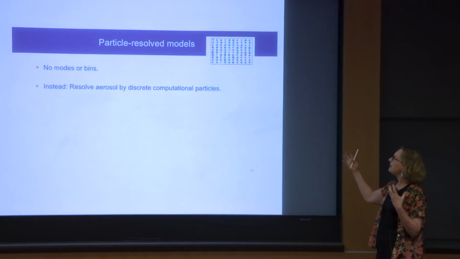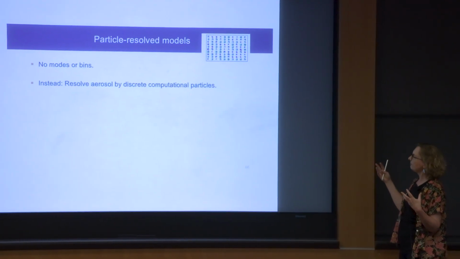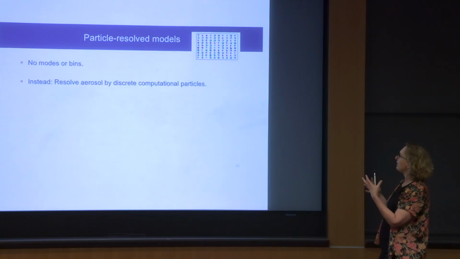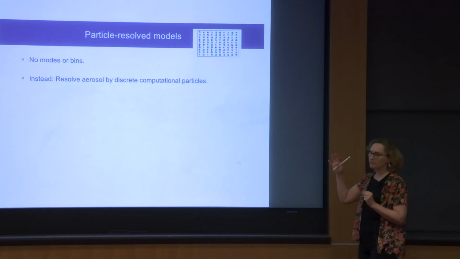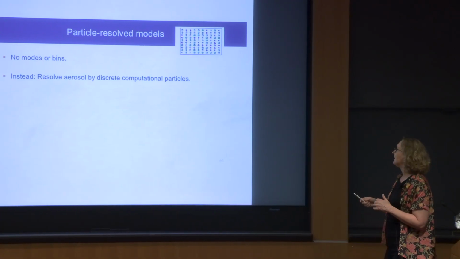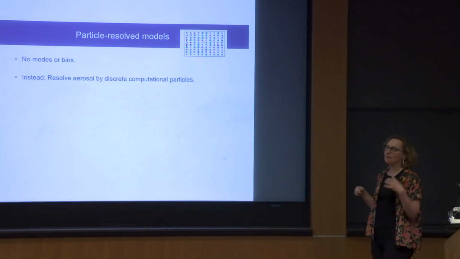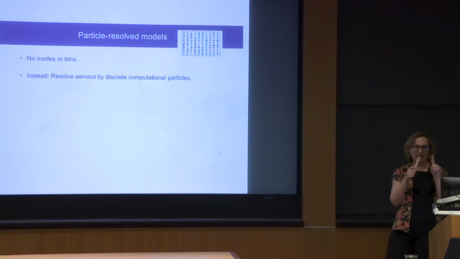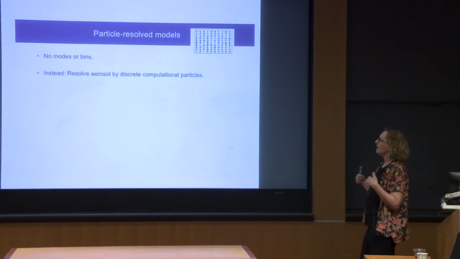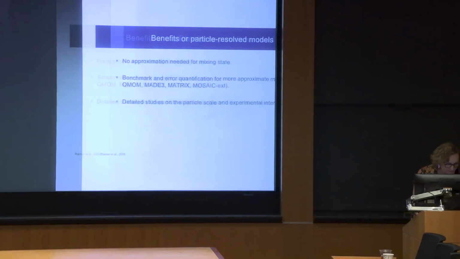So we treat our coagulation coefficient as a probability of coagulating. And then we basically test pairs of particles and see, do they coagulate or not? And if we have a lot of particles in our system, computational particles, we have to have methods so that we don't have to actually check every pair, because otherwise you'd spend a lot of time on checking pairs. So we had to develop accelerated methods to do this efficiently.